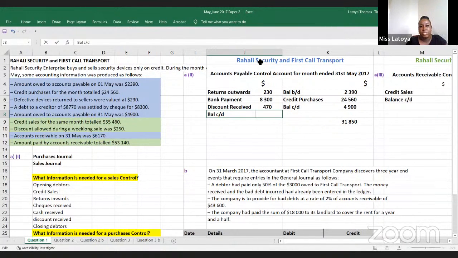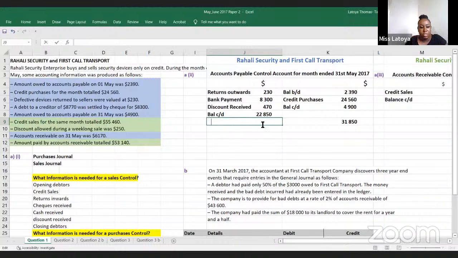We have 230 plus 8,300 plus 470. That's giving us 9,000. And we need to subtract 9,000 from 31,850, and we'll get the balance carried down figure. That's going to be 22,850. So this is the balance carried down figure.